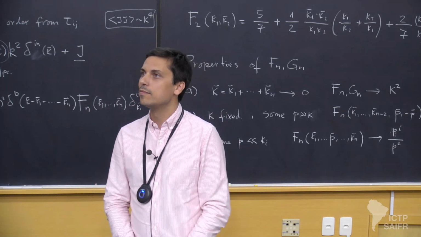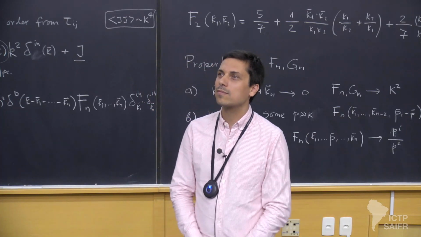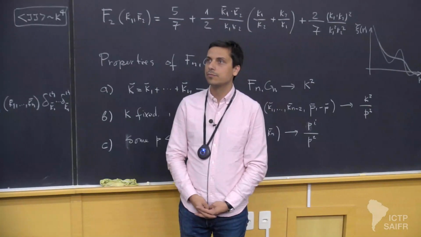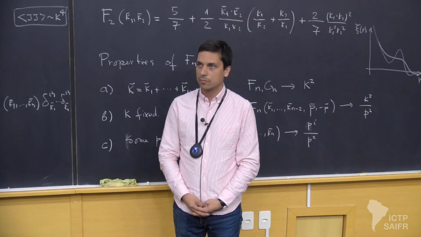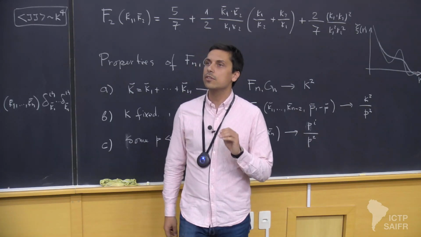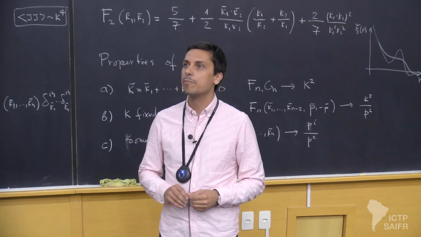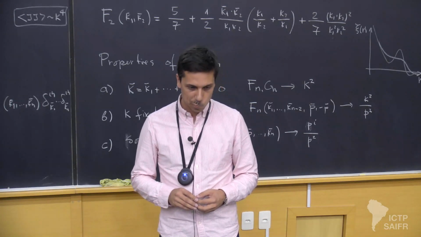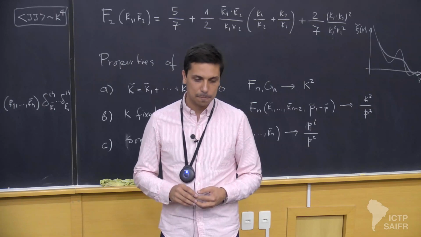Actually, two questions. I assume that if you go beyond the trispectrum and you go to other terms, you get diminishing returns. That means the more you add, the better you get, but at a decreasing rate. Yes.